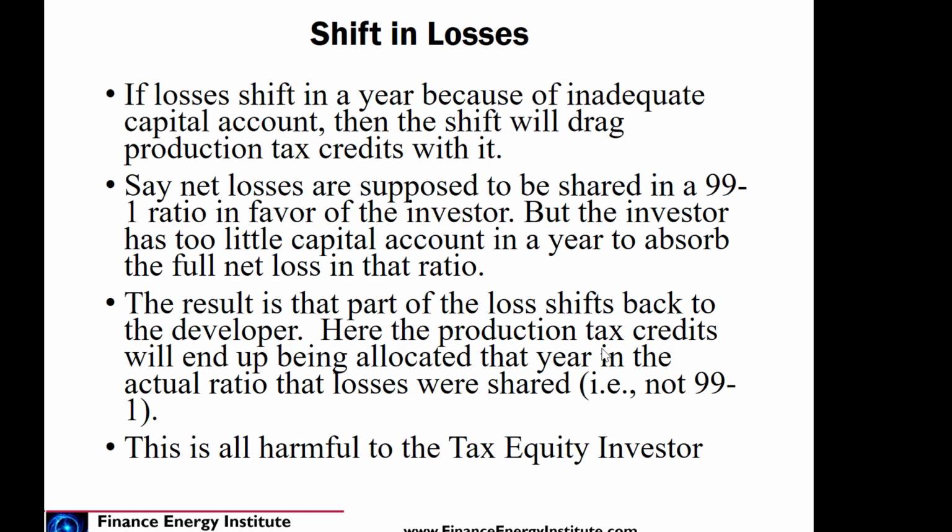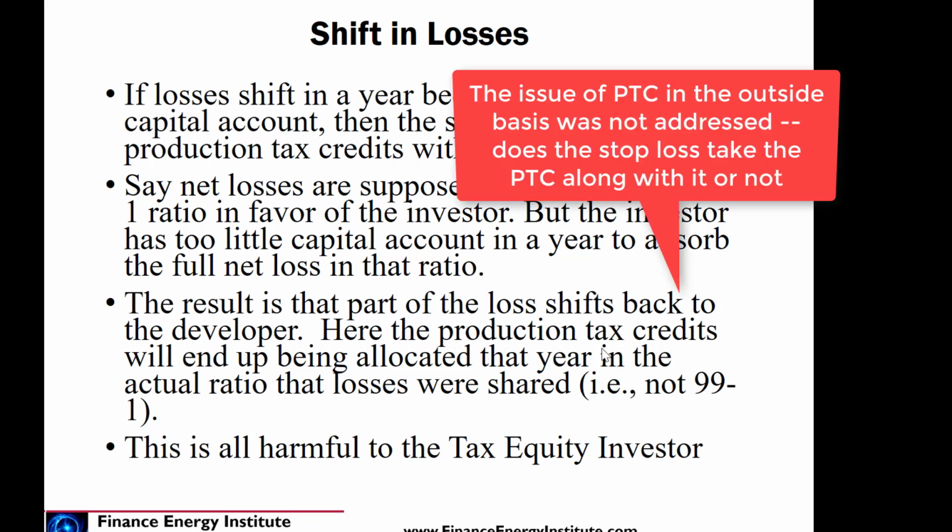Okay, and this one is where you can drag the production tax credits along. So if you're not able to use the taxable income, then you also have to allocate the tax credits.